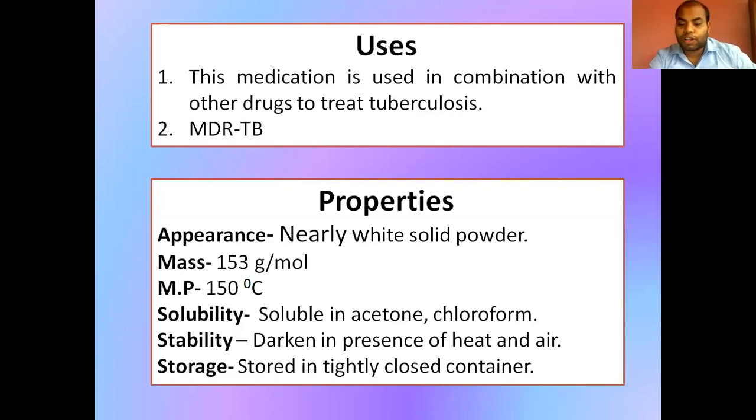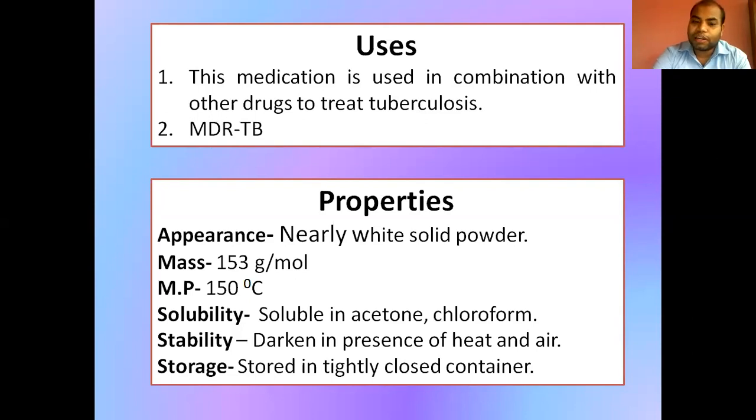infection of tuberculosis. In terms of properties, it is a white crystalline powder with a mass of 153 gram per mole and a melting point of 150 degrees centigrade. It is soluble in acetone and chloroform. It is not very soluble in water.